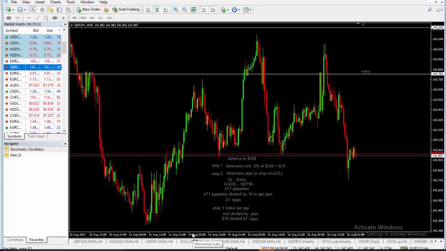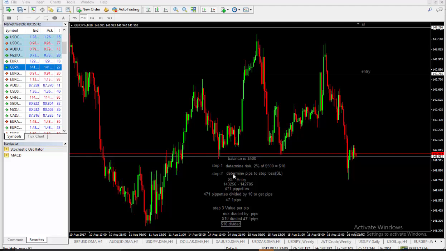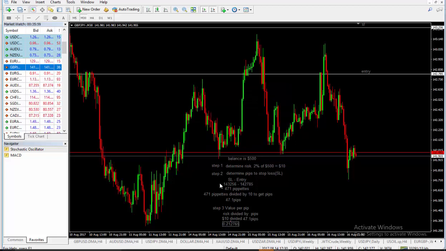Now your value should be 0.212765. For argument's sake, let's just leave it there. Now you have your value per pip.